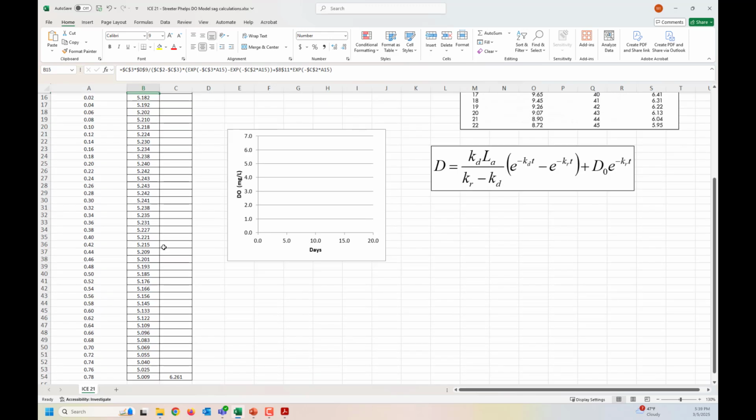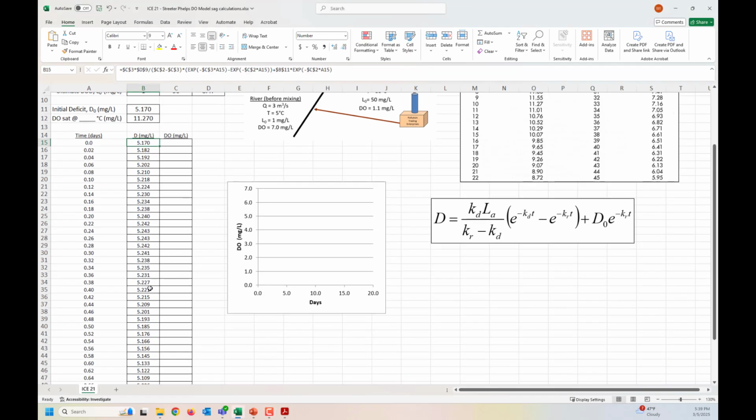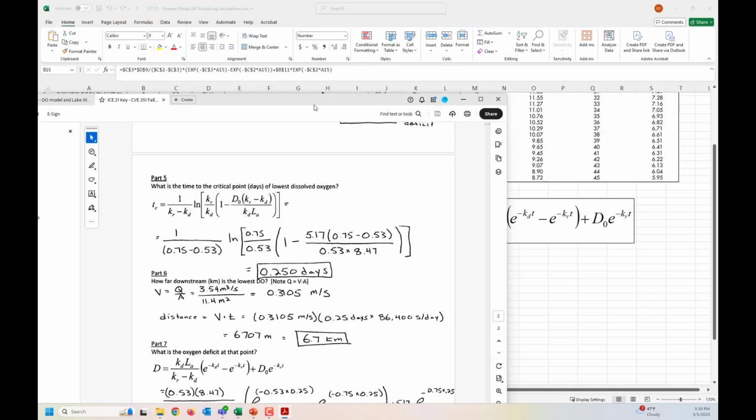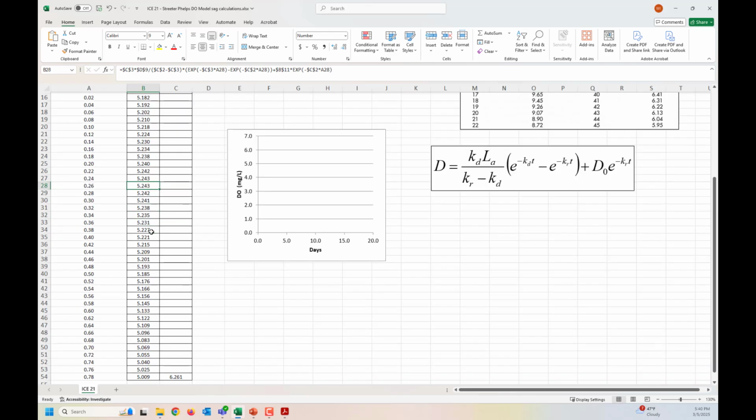Okay, so what it's showing is that the deficit gets bigger, but then it starts to get smaller. And what we found from these hand calculations earlier is that the maximum deficit would be at 0.25 days. And so that does look consistent with these calculations, where the deficit is the biggest at 0.24, 0.26. So it's happening at 0.25 days.